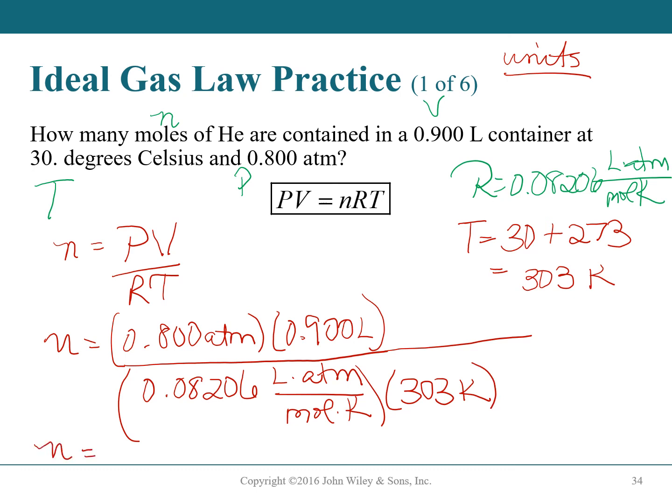Okay, so if we look at our units, the liters divide out, the atmospheres divide out, and this is Kelvin times 1 over Kelvin, so that divides out. And remember, 1 over a fraction is equal to the value of my denominator.